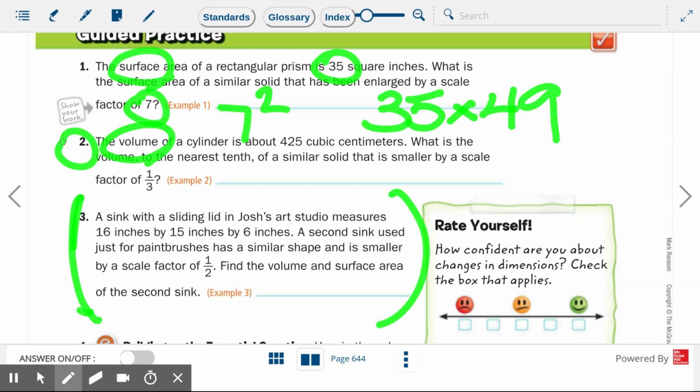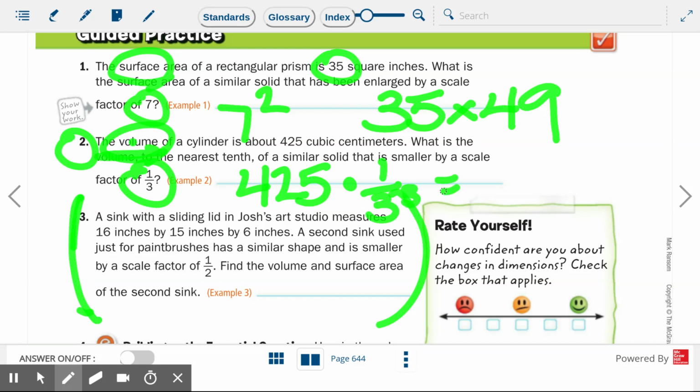In 2, where it's volume, we have 425, and since this is volume and the scale factor is 1/3, we would multiply that times 1/3 cubed, which is 3 times 3 is 9 times 3, 27. So that is multiplying times 1/27, which in other words is 425 divided by 27.